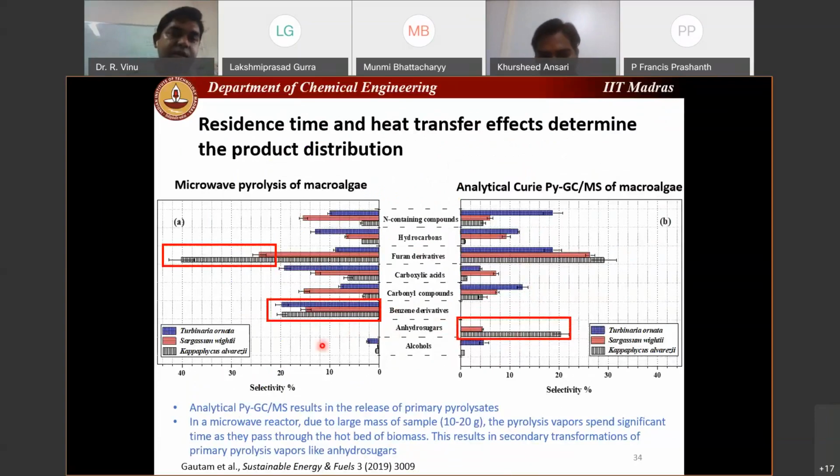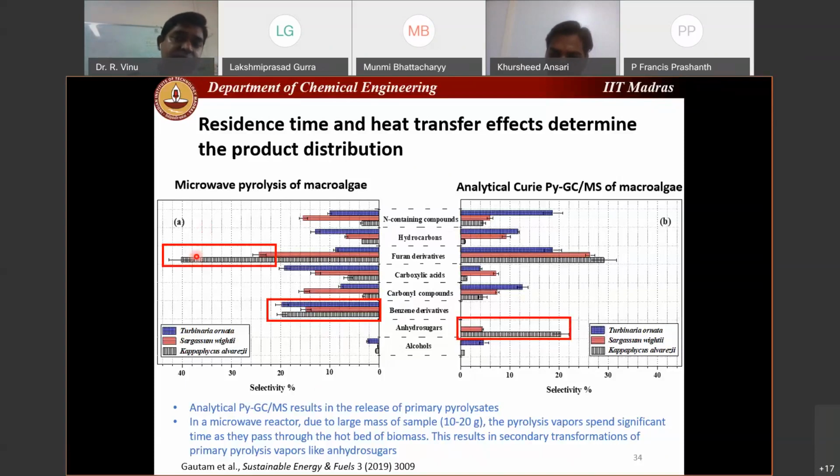When we take something like 10 to 20 grams of sample in the microwave pyrolysis reactor, it suffers a lot of secondary reactions as the vapors spend a lot of time. So anhydrous sugars have decreased and furan derivatives have significantly increased, because anhydrous sugars can decompose to form furfural, HMF, and methylfuran type products.